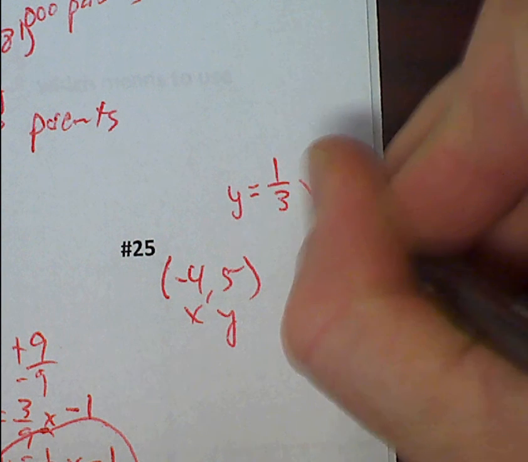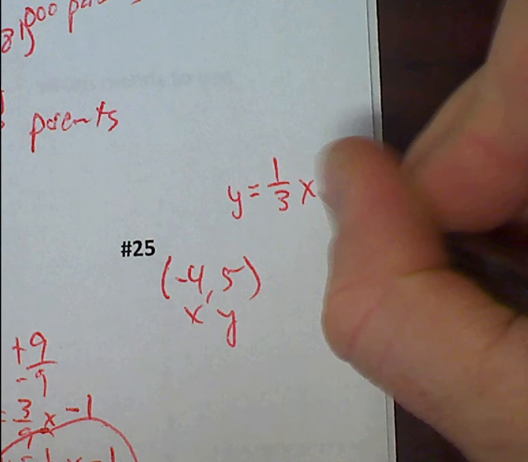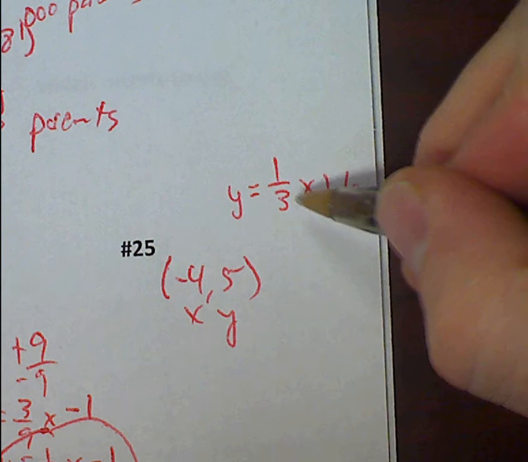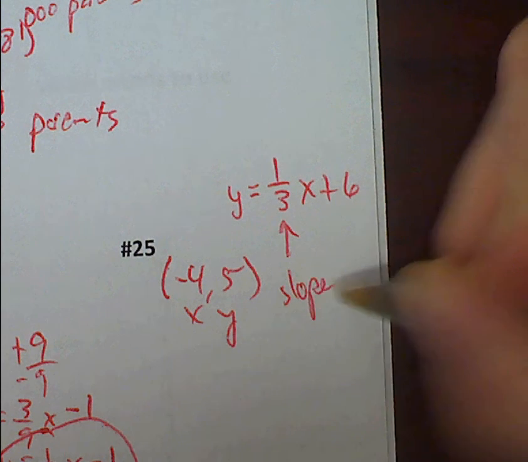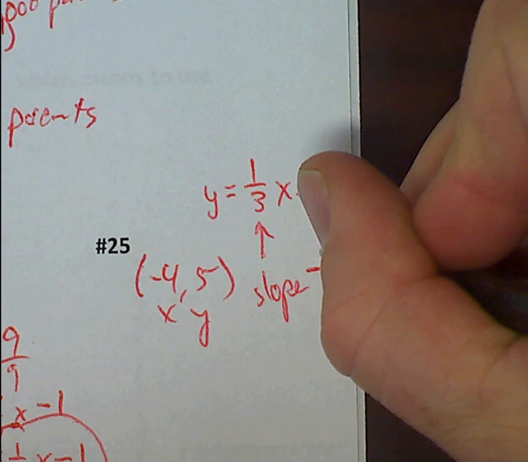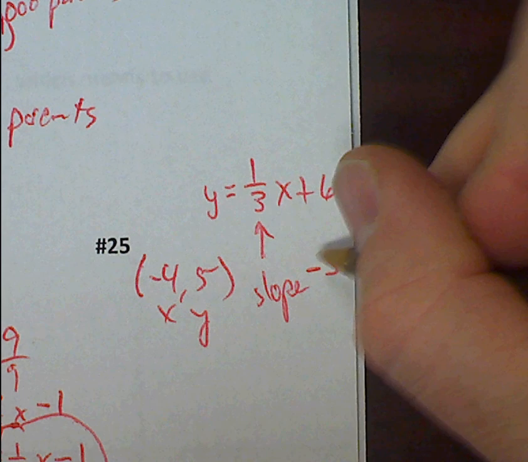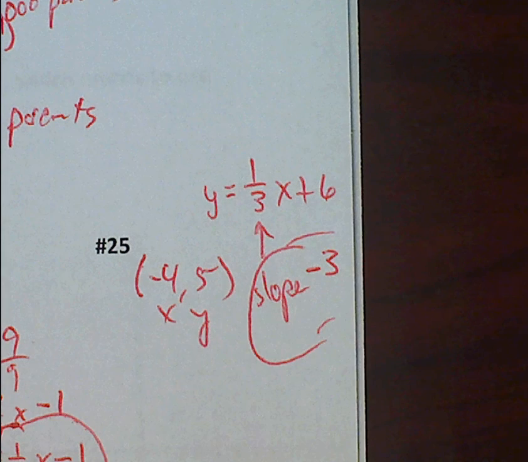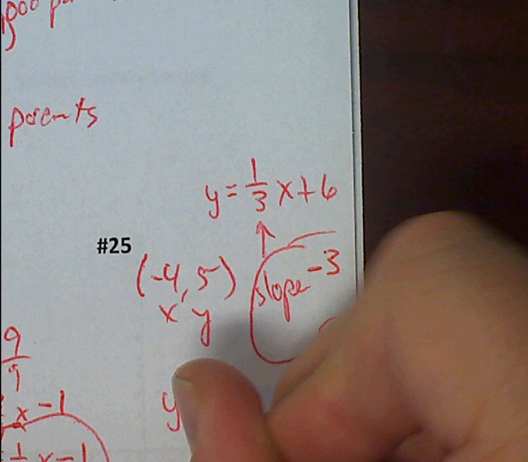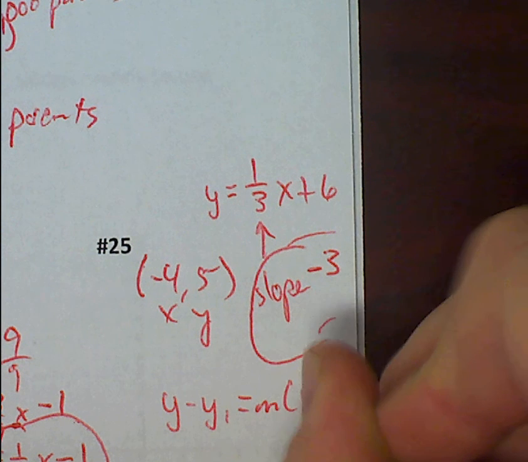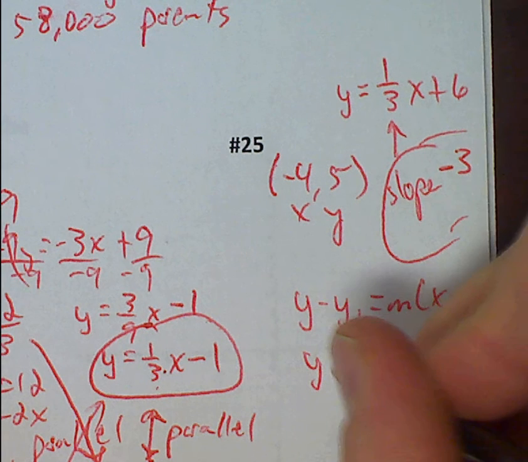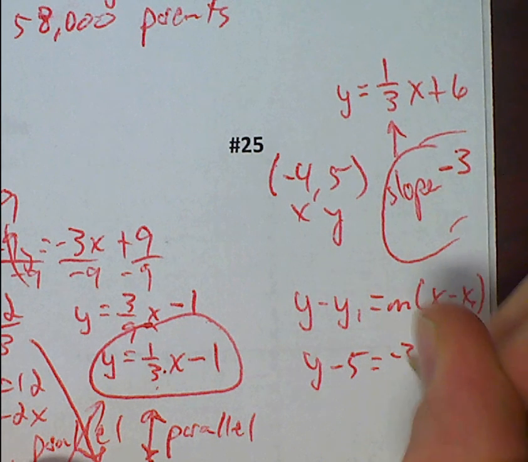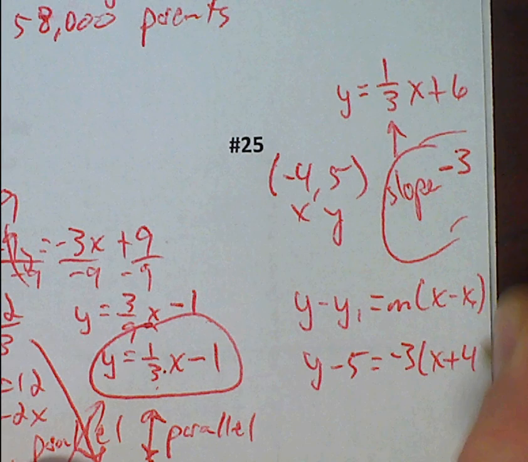So if my line is y equals 1/3 x plus 6, I need the opposite reciprocal to be my slope to be perpendicular. So my slope would turn into negative 3 over 1, which is the same thing as negative 3. I'm going to plug this into y minus y1 equals m times x minus x1, my point slope. y minus 5 equals negative 3 times x plus 4.